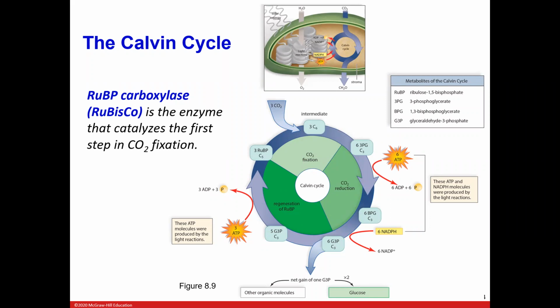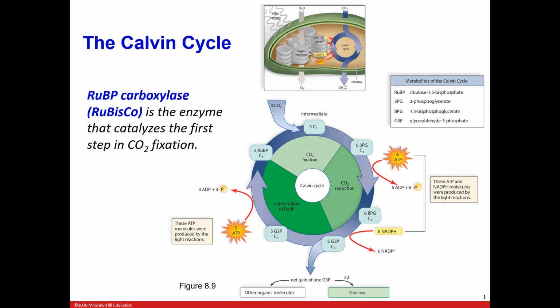Now we have 3 6-carbon intermediates. This is the first step in which we have CO2 fixation, because we're attaching the CO2, an inorganic molecule, to this organic molecule. It's not shown here, but it has hydrogen and carbon and so forth. So that's the very first step.